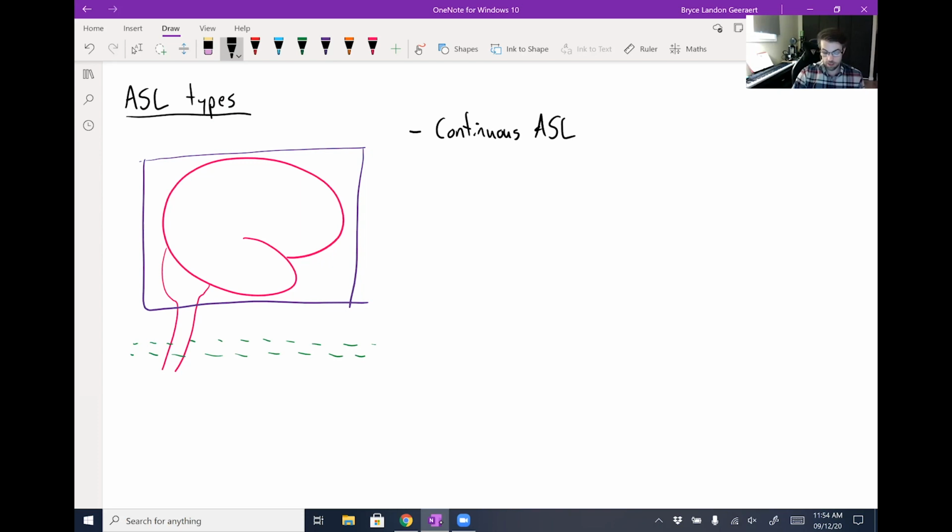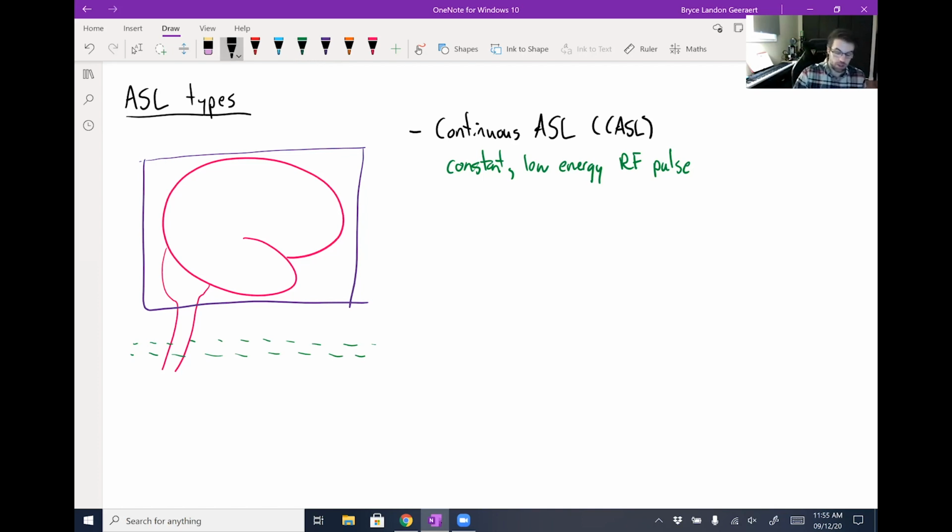So continuous ASL, or CASL, had a constant low energy RF pulse for that tag slice that's marked at the bottom there. And that's what was used to tag blood as it moved through the area. So it's ongoing, which means there's always tagged blood flowing through the brain, rather than just once, like we saw in that animation.